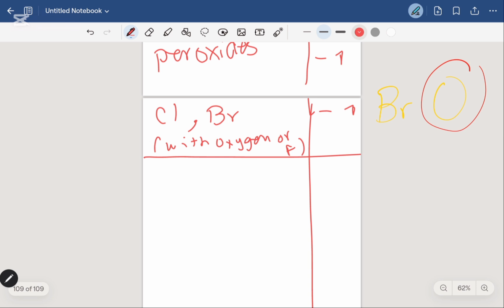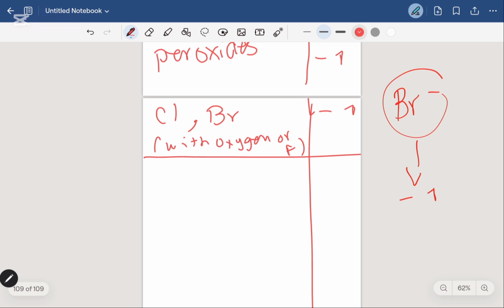So O will take a definite charge of -2, and then we calculate the charge of Br. So it's going to be x minus 2 is equal to 0, so x is then equal to 2. Okay? However, if it is, for example, Br minus itself, the charge of this is going to be -1. Not the charge, sorry, the oxidation number.